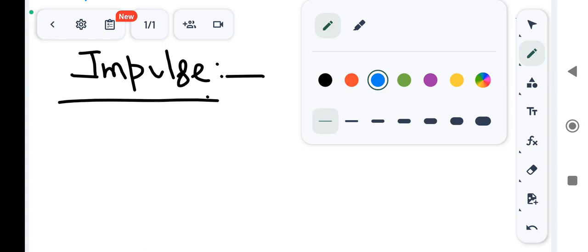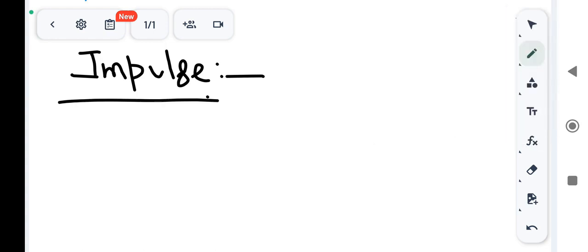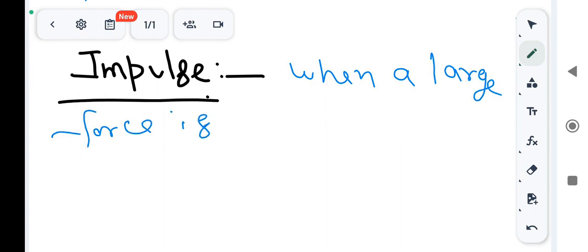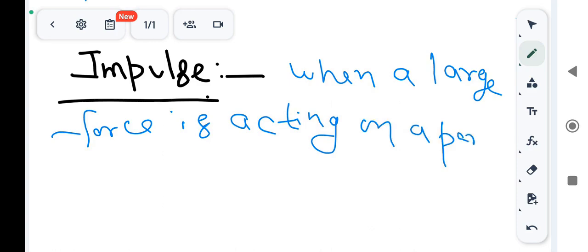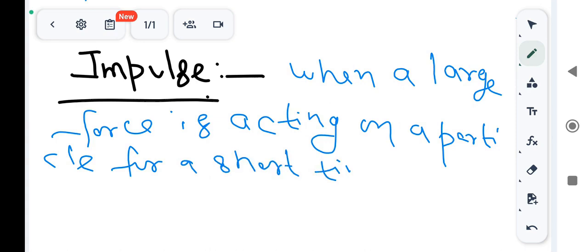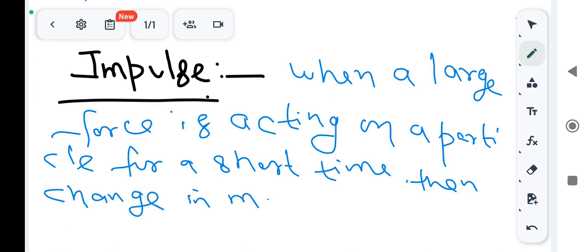When a large force is acting on a particle for a short time, then the change in momentum is called impulse.